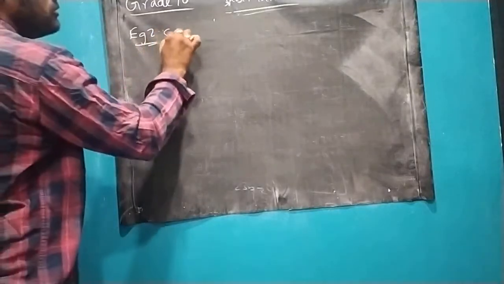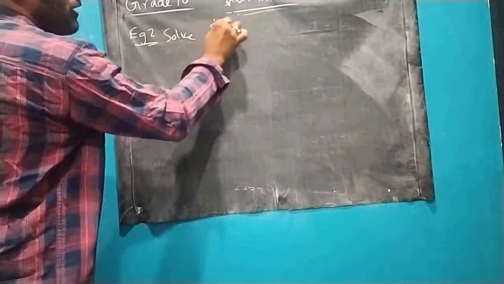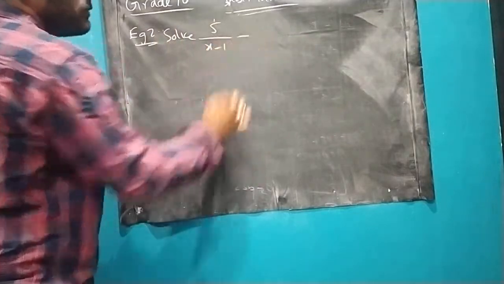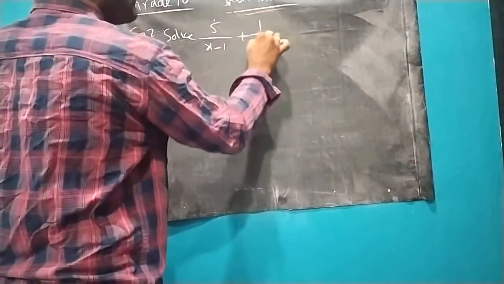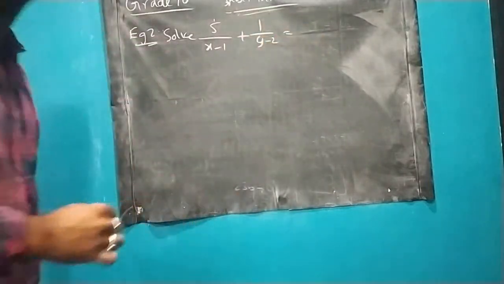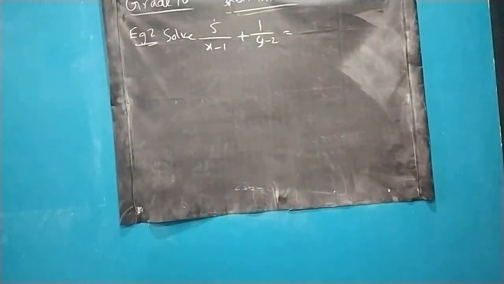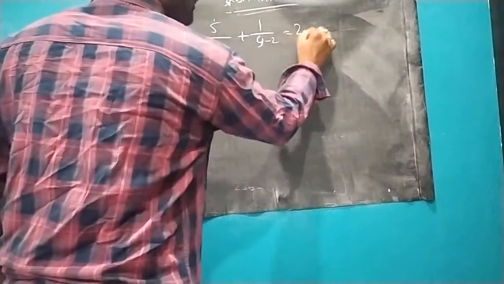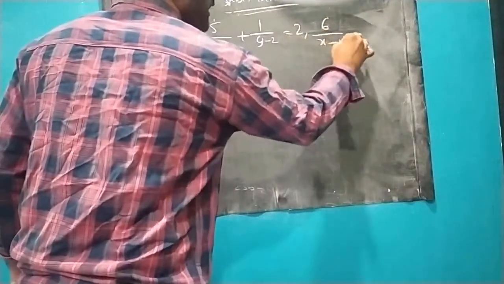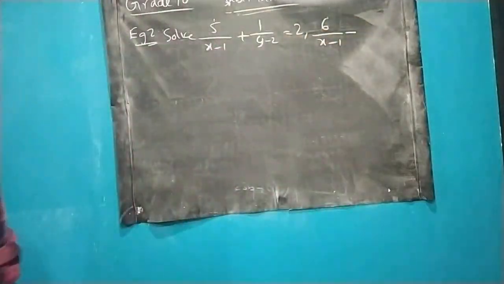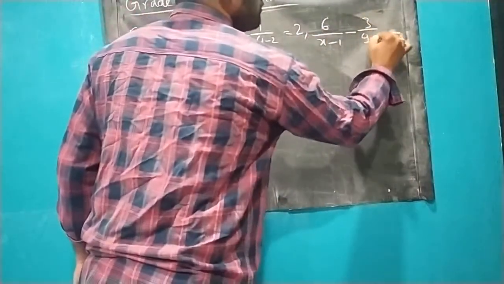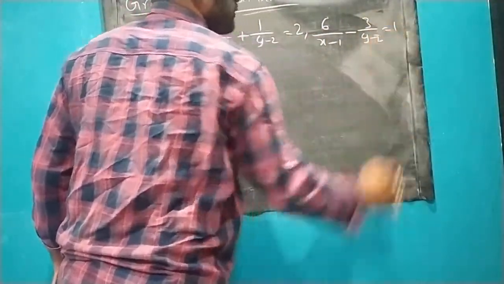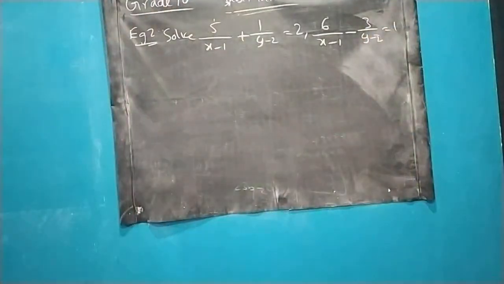Solve 5 by x minus 1 plus 1 by y minus 2 is equal to 2, comma, 6 by x minus 1 minus 3 by y minus 2 is equal to 1. So these are the two given equations.